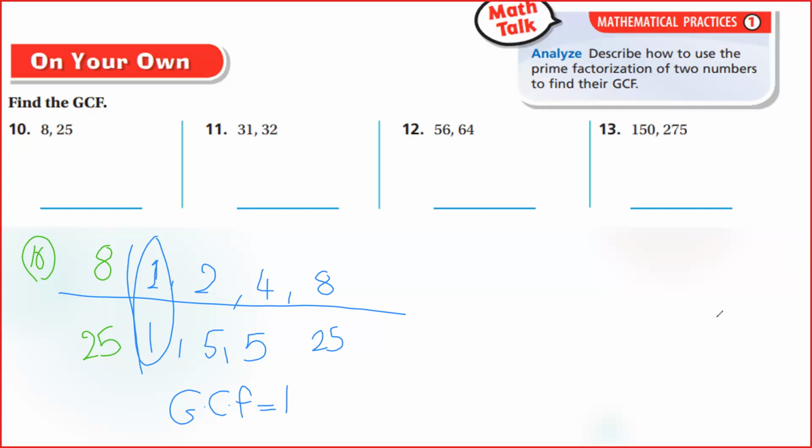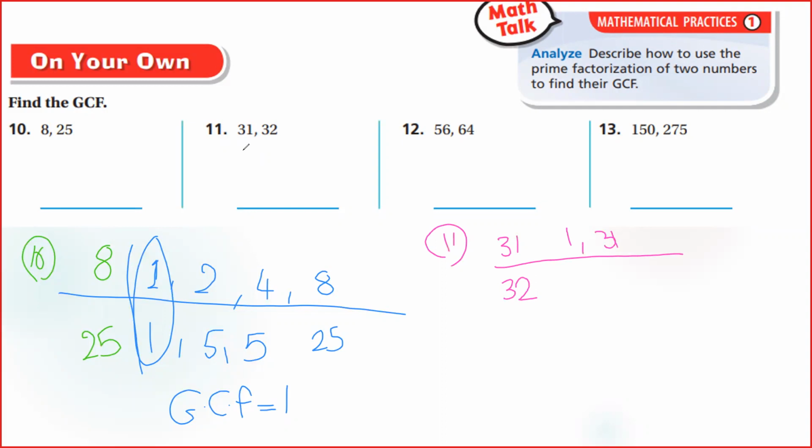Okay, now number 11. 31 and 32. What are the factors of 31? Yes, bravo. We have only 1 and 31 because it's already a prime number.